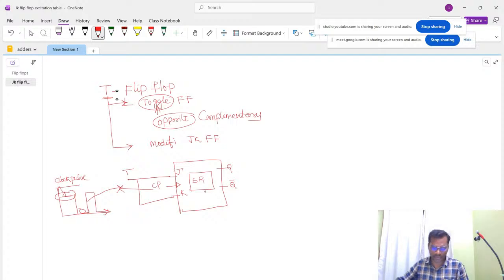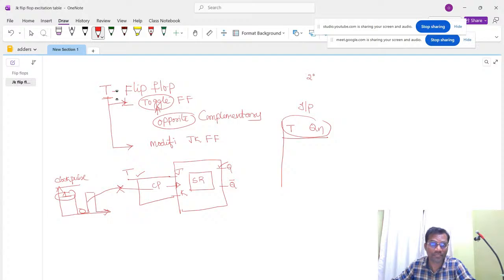Now how to get this output? Let us see how to draw the table. How many inputs do you have? One is T, another one is Qn. Two inputs.